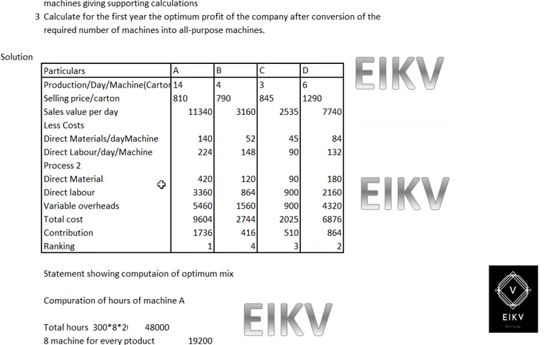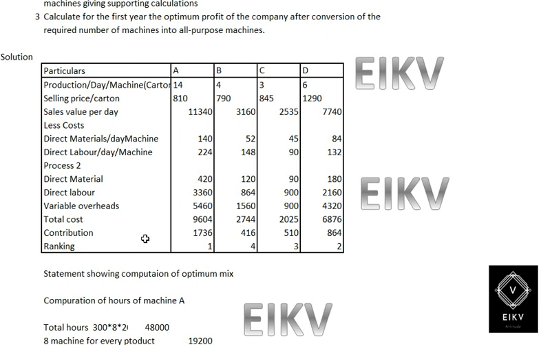So here direct material is 420, 120, 90 and 180, and the direct labor in the same way, and the variable cost also. After computing that, you can take the total cost, and when we deduct the total cost from the sales value, we will get the contribution.